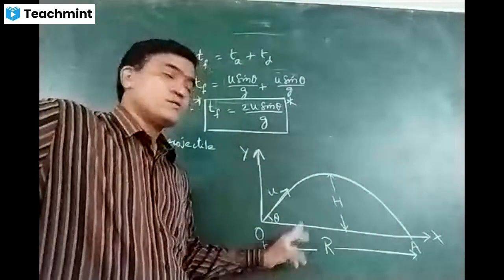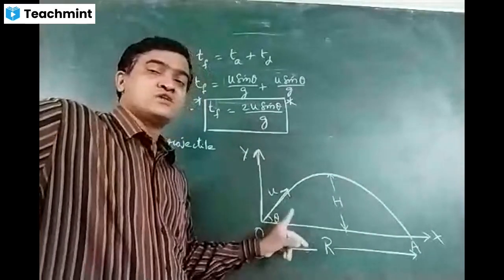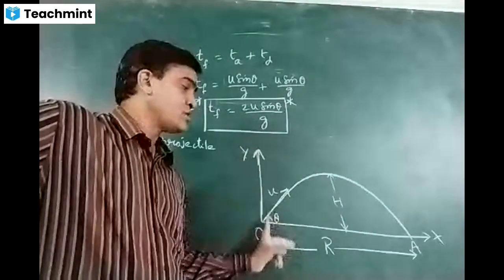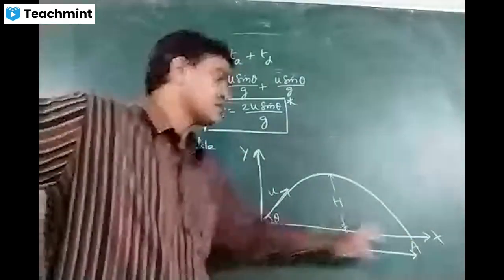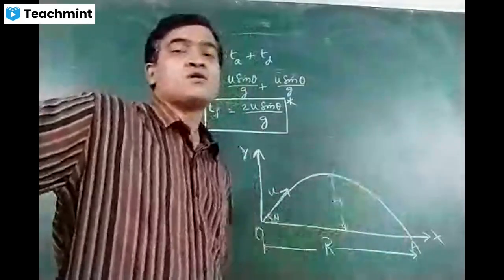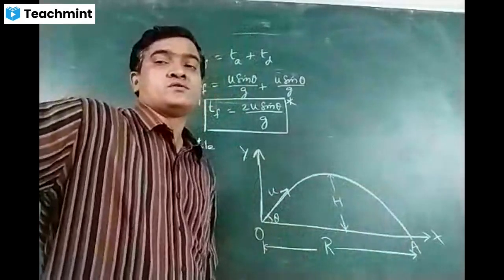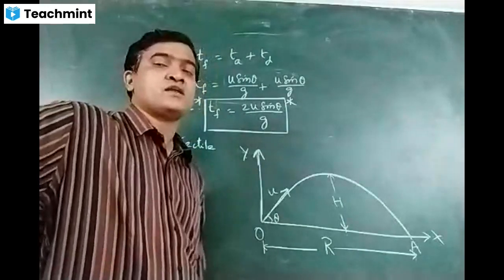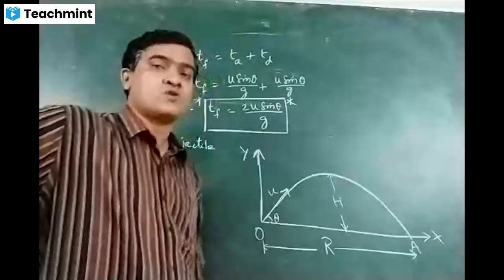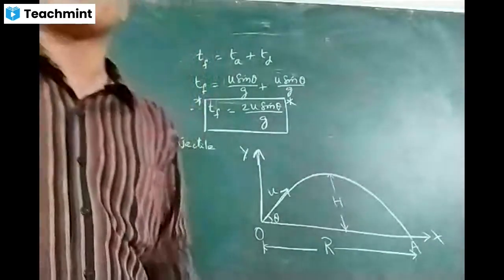Range is nothing but the horizontal distance traveled by a projectile during the time of flight. The horizontal distance traveled by a projectile during time of flight is called the range of a projectile.